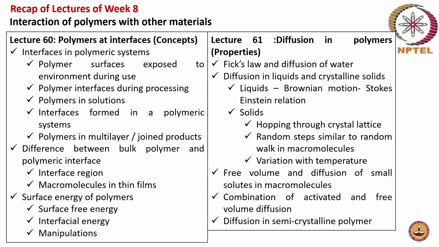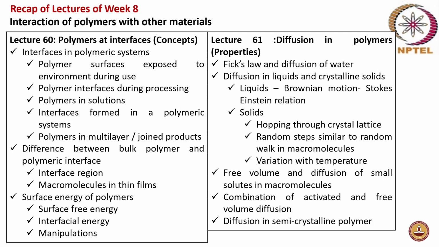The diffusion of a molecule is through hopping through the crystal lattice, and this hopping mechanism is very similar to a random walk in macromolecules that was discussed. They have very similar equations, diffusion in solids and a random walk in a macromolecule.